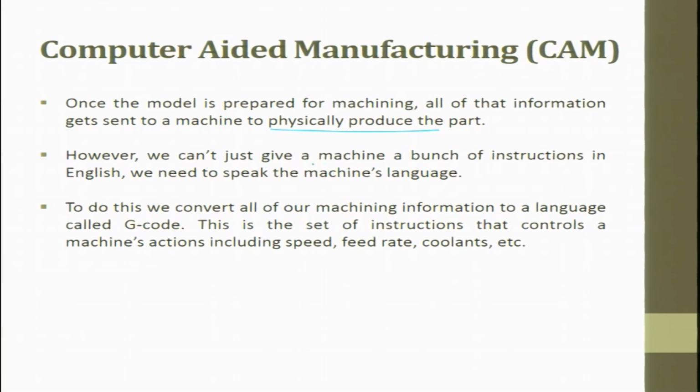However, we cannot just give a machine a bunch of instructions in English; we need to speak the machine language. To do this, we convert all the machine information into G codes as far as a CNC machine is concerned. This is the set of instructions that controls the machine action, including speed, feed rate, coolant, etc.